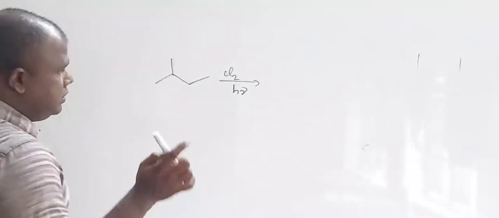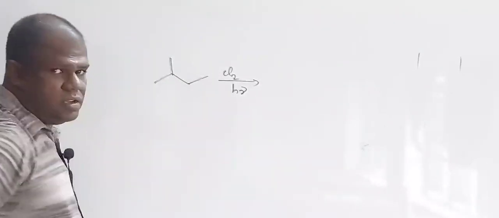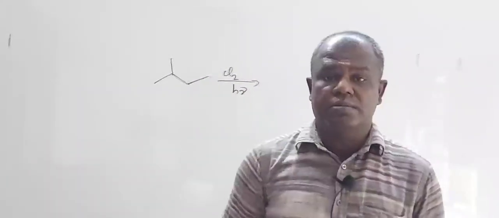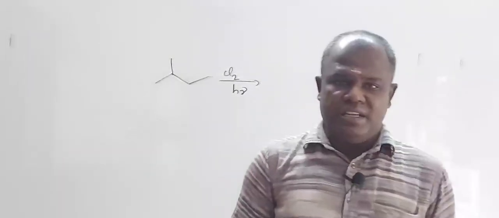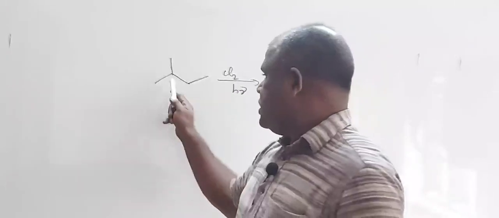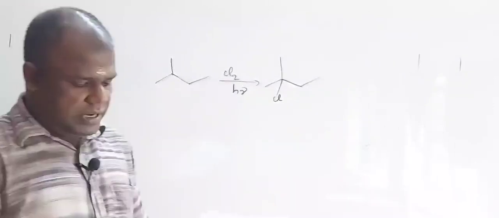This molecule contains three types of carbon: primary, secondary, tertiary. I told you in the normal class, the order of substitution depends on the nature of the carbon. Tertiary can be most easily substituted, then secondary, then primary. So chlorine substitutes here, and this will be the product formula. Analyze the answer options and tell me.